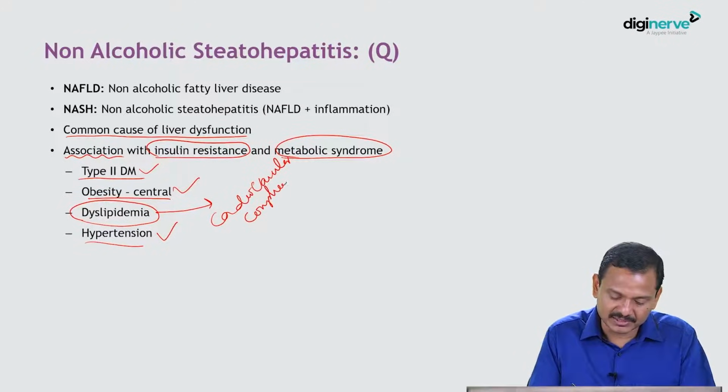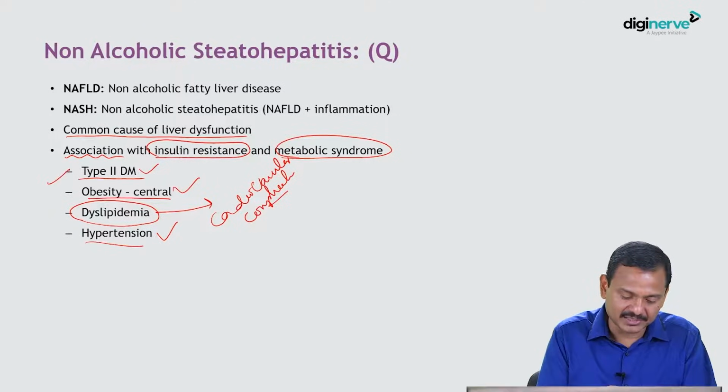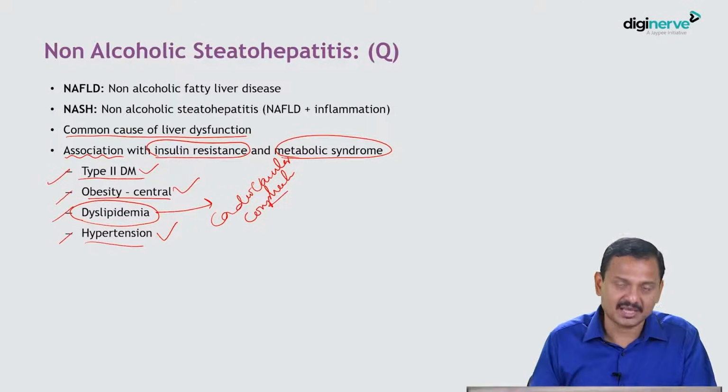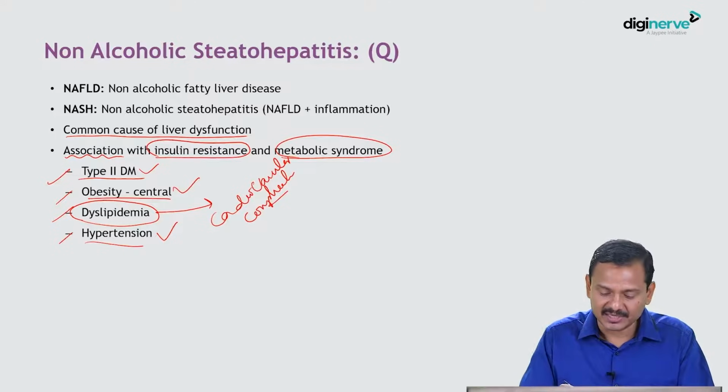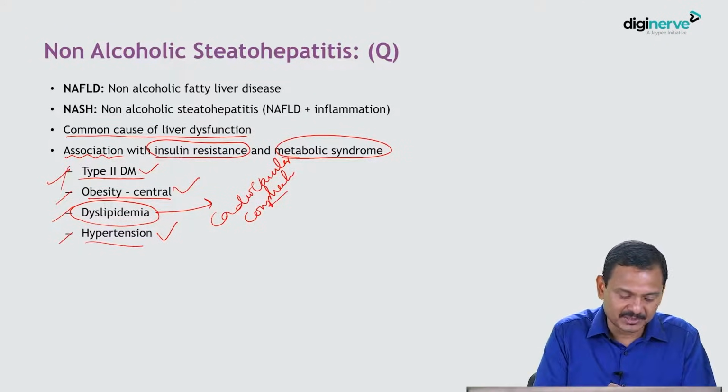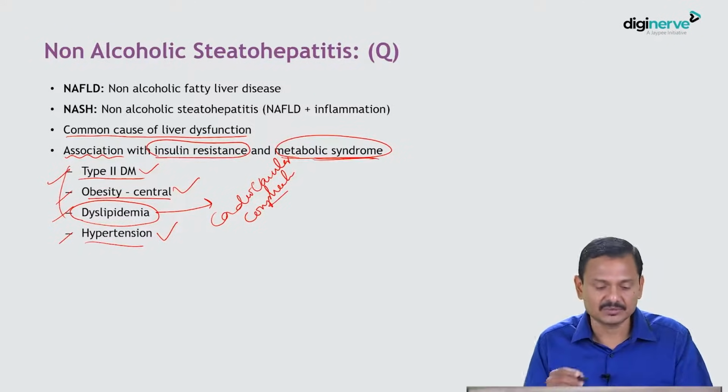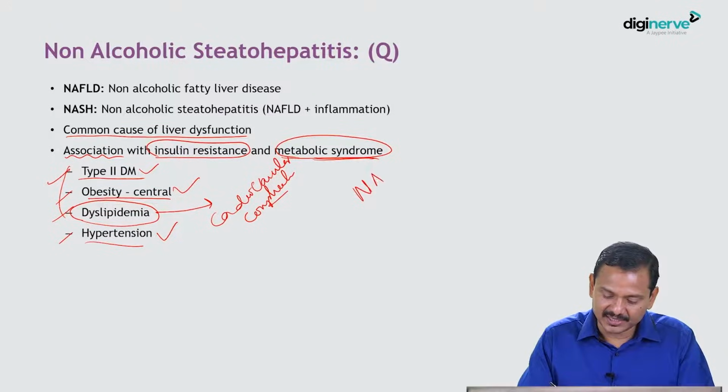So in metabolic syndrome, they will have hypertension, obesity, dyslipidemia, and when there is liver dysfunction in a patient with this metabolic syndrome, then a NASH possibility is kept top in the priority.